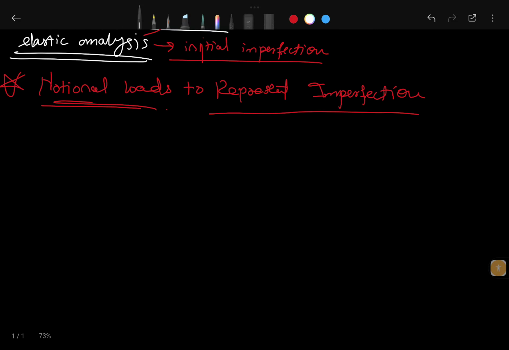The detail of this is for structures that support gravity load primarily through nominally vertical columns, walls, or frames. In such a structure, the gravity load is supported primarily through these.